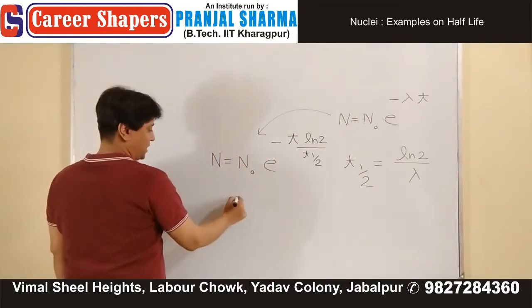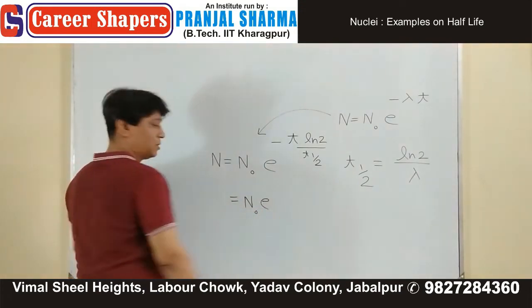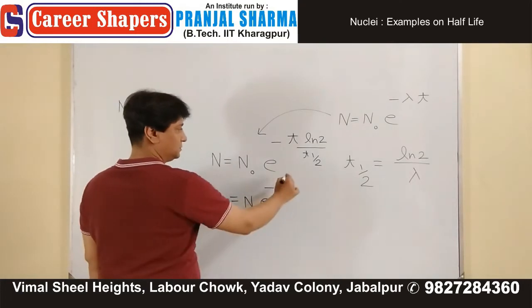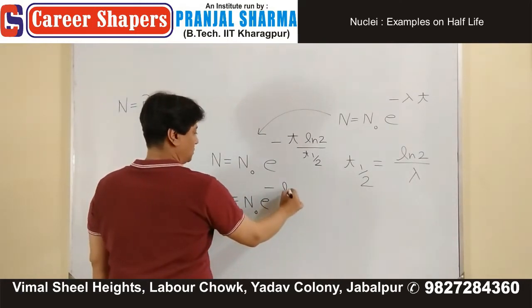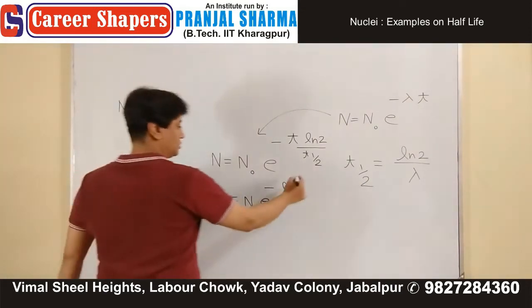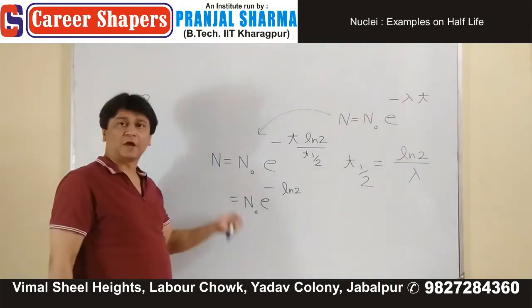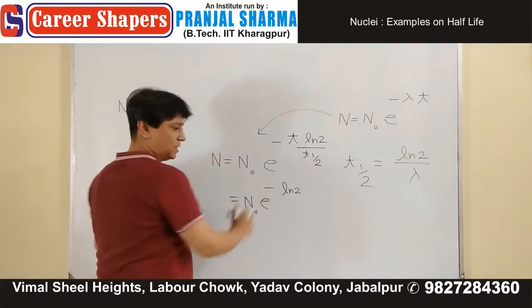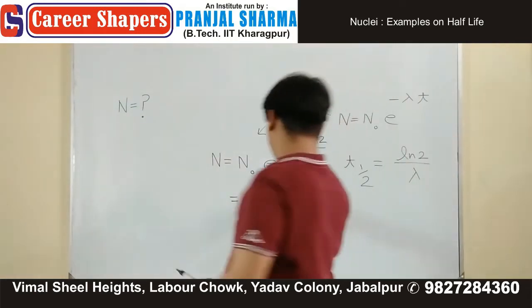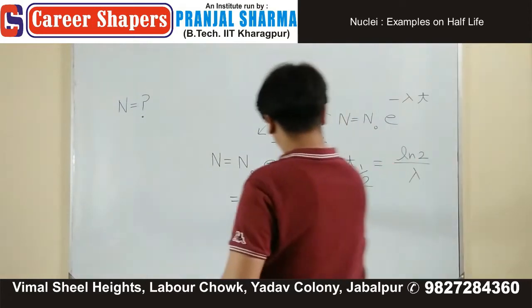Now we can rearrange this in this form: N naught e to the power minus of ln2. Let's take the negative sign also inside, shift the whole thing in terms of power.